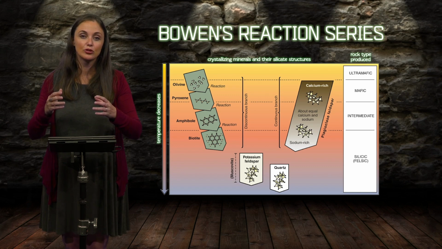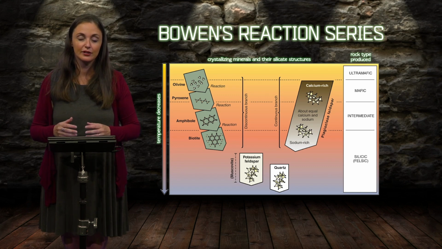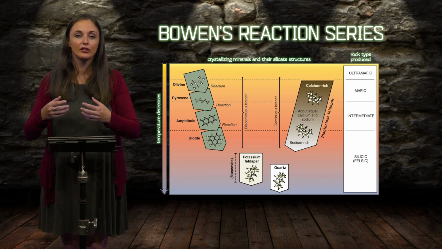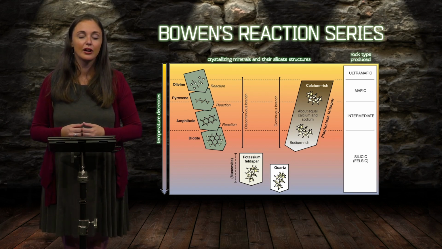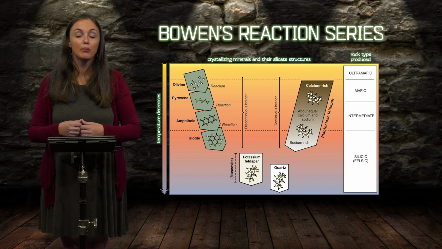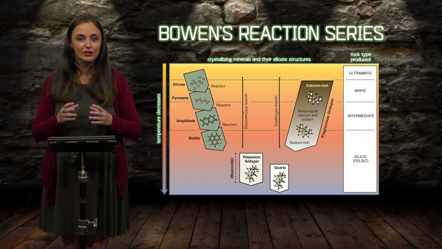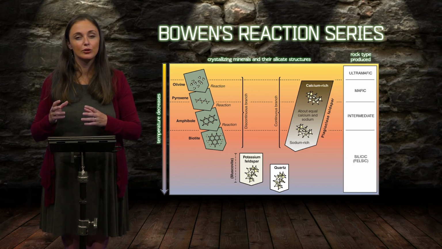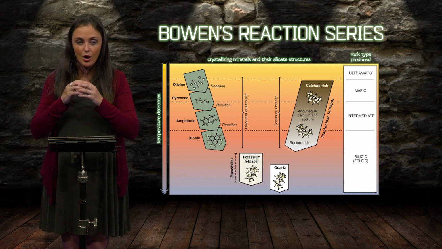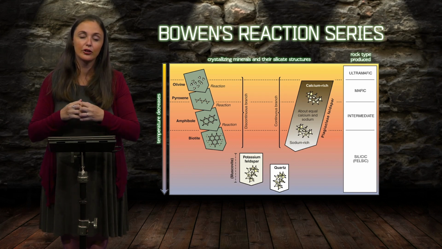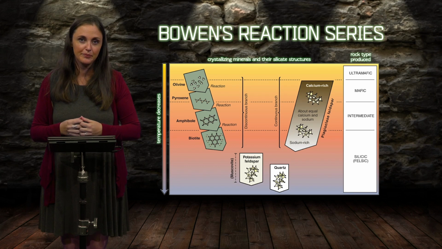And then as you move towards the low temperature end of things, the last stuff to crystallize out of a melt, the stuff that's going to take the longest to crystallize out, those are going to be the ones that have the most complicated silicate structures. The complexity of the silicate structure is going to tie in perfectly with the durability of those minerals and the durability of the rock that results.